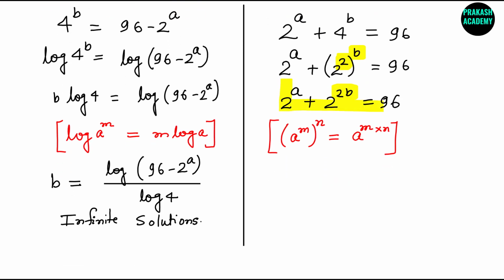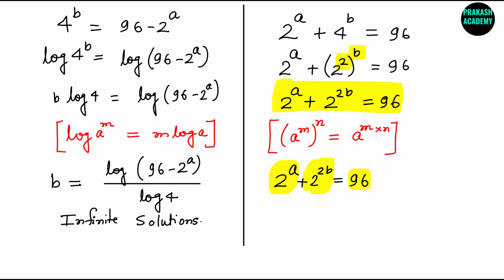Now let us look at this expression closely. We have 2 raised to the power a plus 2 raised to the power 2b is equal to 96. Now we have a sum of two numbers equal to 96, and both numbers are 2 raised to the power of something.